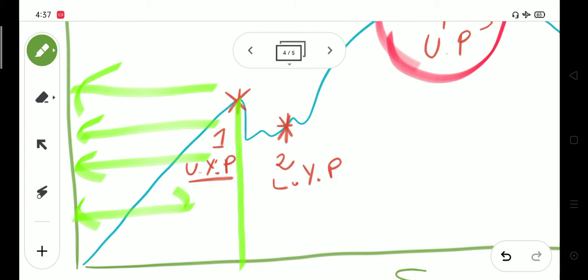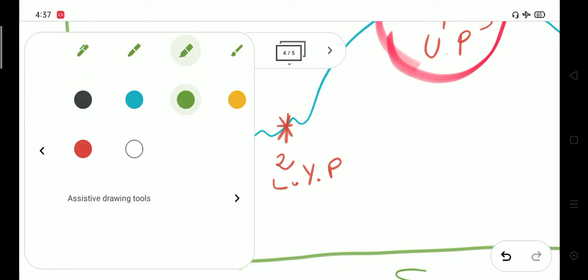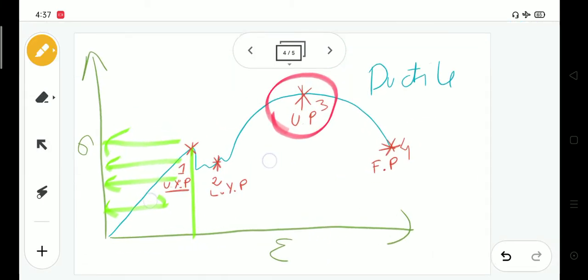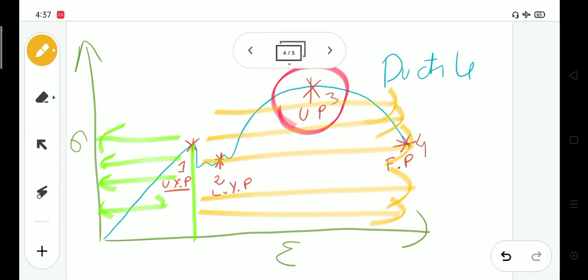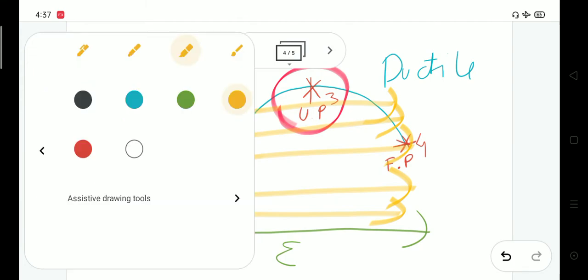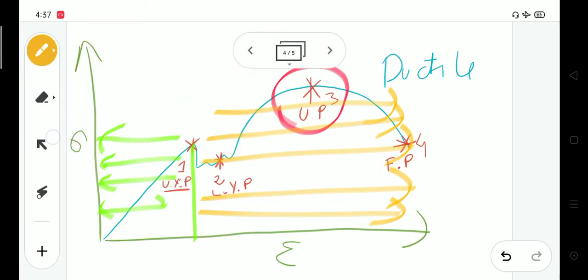That means if there is a deformation, it will be permanent. Okay. Fine. So this zone is termed as plastic. That means the deformation in this zone is non-retraceable.